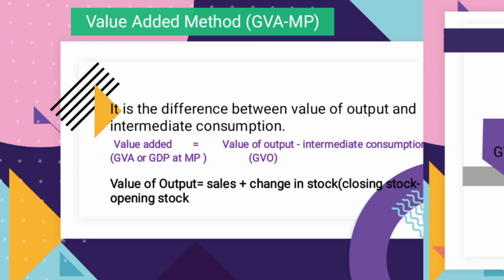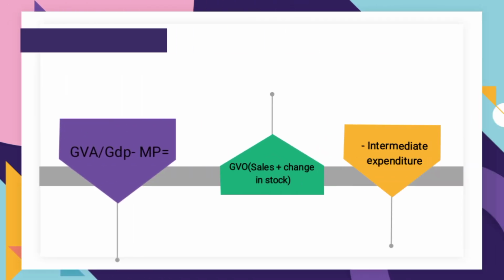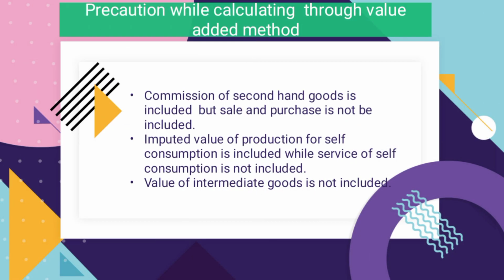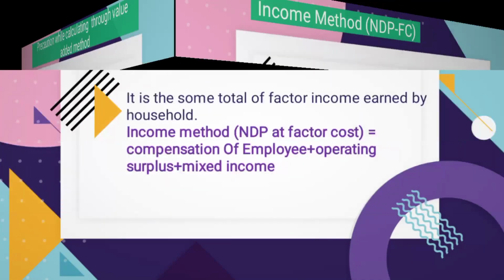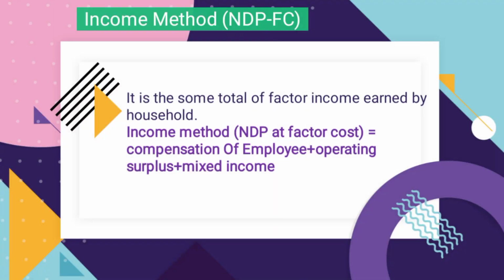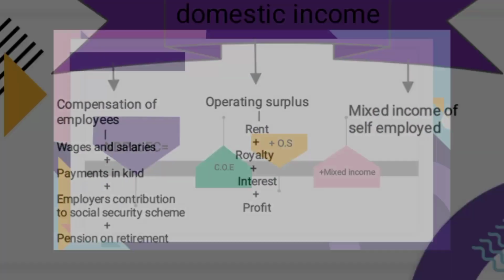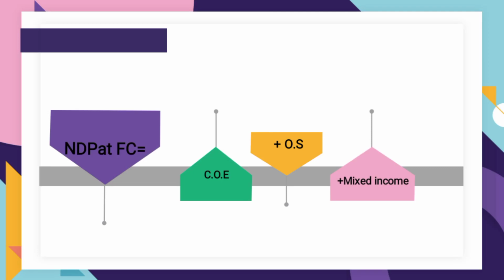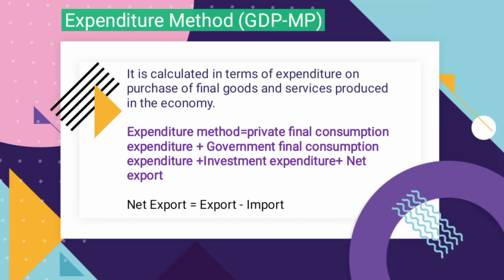The value added method has this formula: GVA, that is GDP at market price, equals GVO minus intermediate expenditure. Then we studied some precautions. There are many precautions, but we have studied a few of them. Then we studied the income method, where NDP at factor cost equals COE plus operating surplus plus mixed income. We studied some precautions of this method also.